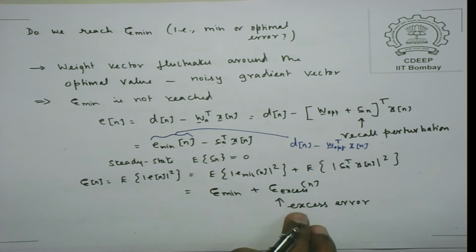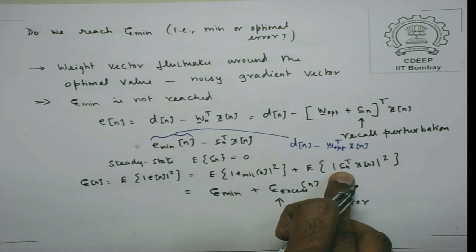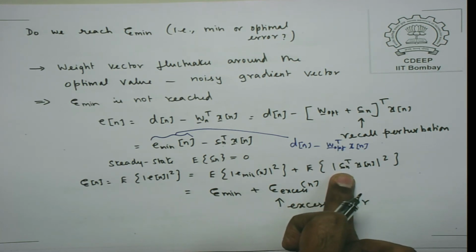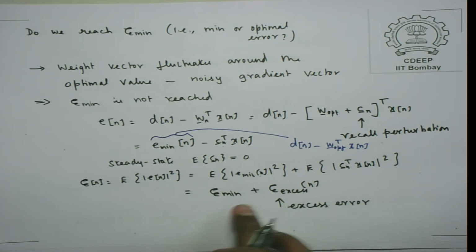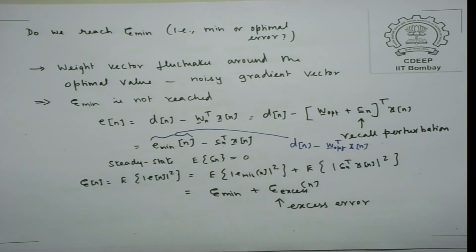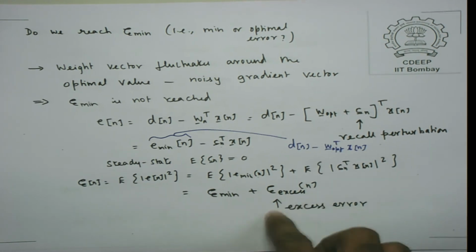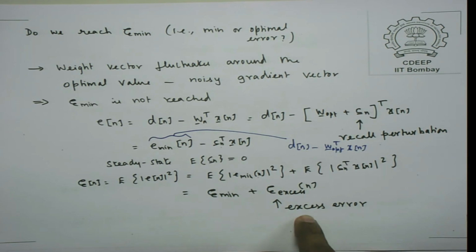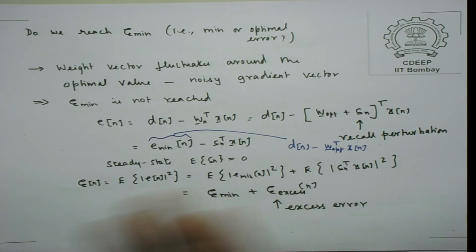So there is this excess error, which depends on the weight perturbation, and depending on the mode you choose, it will vary differently. You will reach zeta minimum, but you will deviate slightly from it by a factor, the excess error zeta x. With appropriate simplifications, you could have an analytical value for the excess error if you know some statistics. This is only for verification.